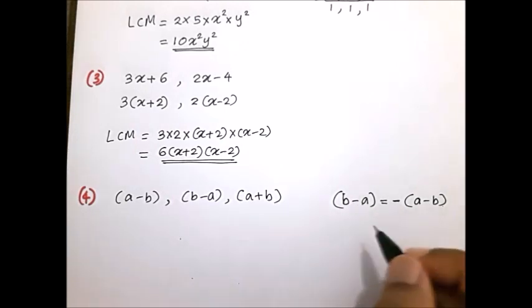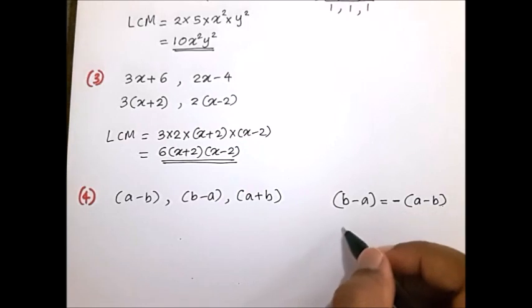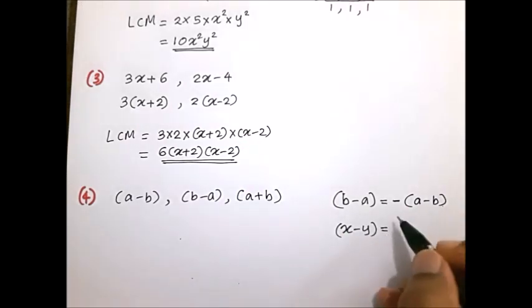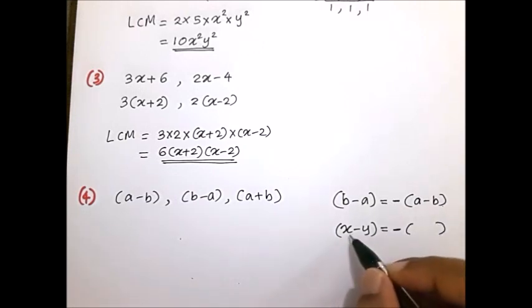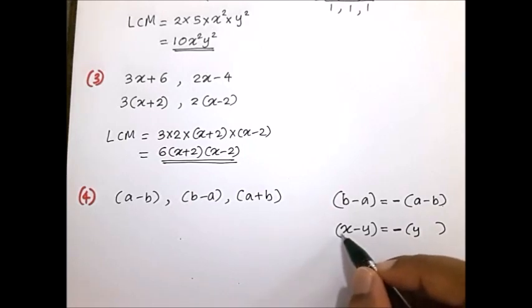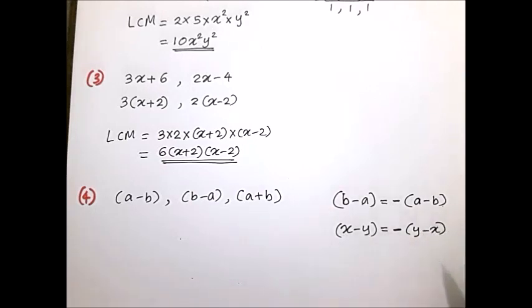I am going to tell you another example like this. x minus y, you can write it by taking the minus sign out. If you take the minus sign out, the signs of these two terms change. Minus y becomes plus y and plus x becomes minus x.